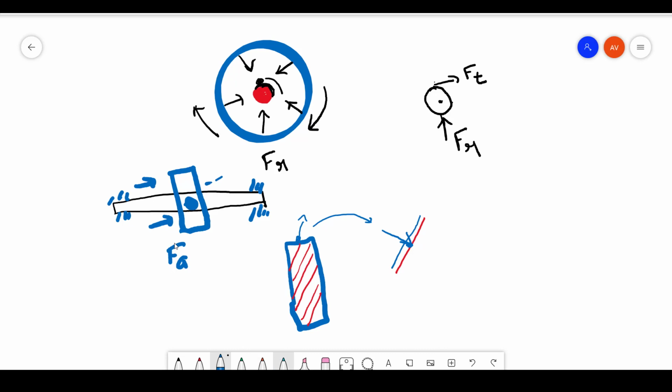Let me draw here once again. You have some force which is being transmitted normally, and this force can be resolved in two ways.